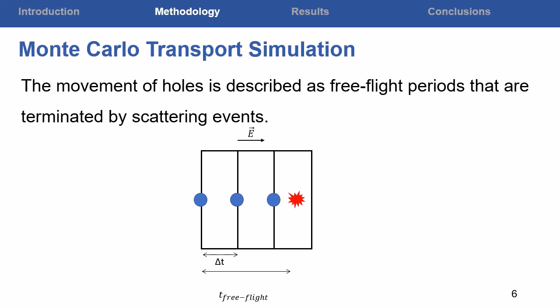The trajectories of holes are updated at discrete periods of time, called time steps. In these representations, they are illustrated by the blue circles, and the scattering events may occur at any moment in the simulation, and are represented by the red symbols.